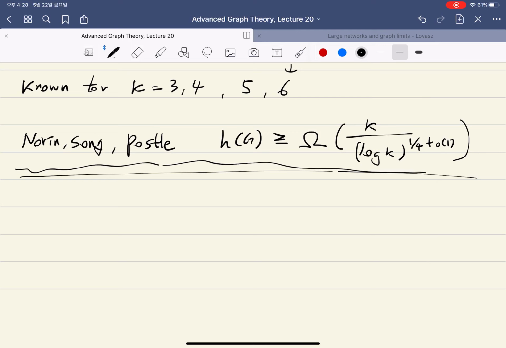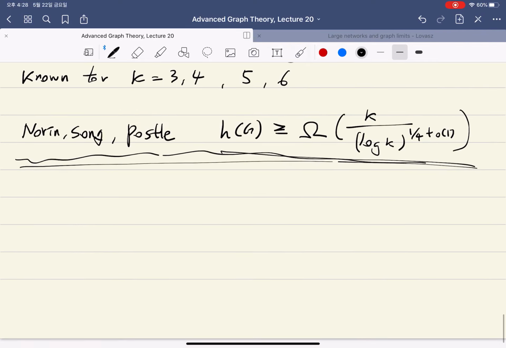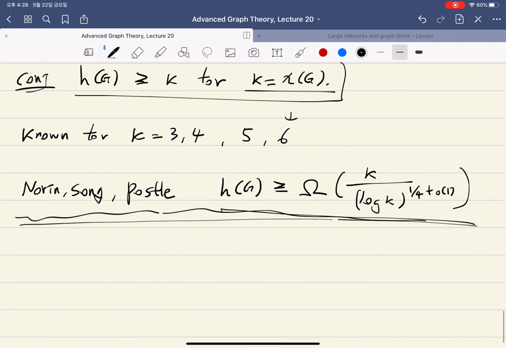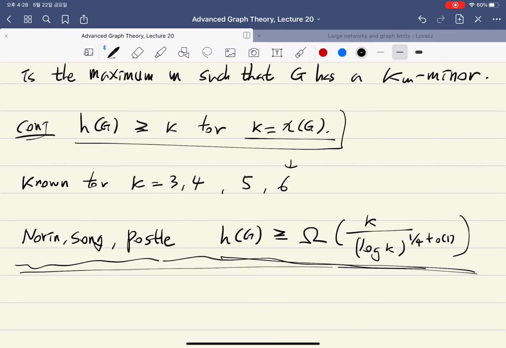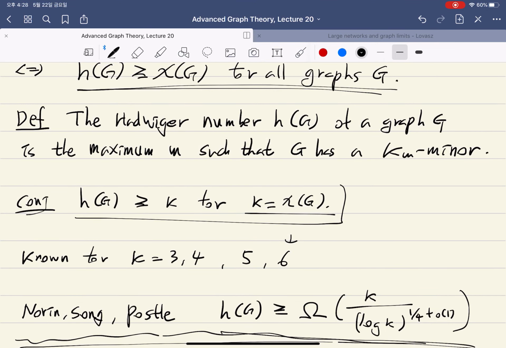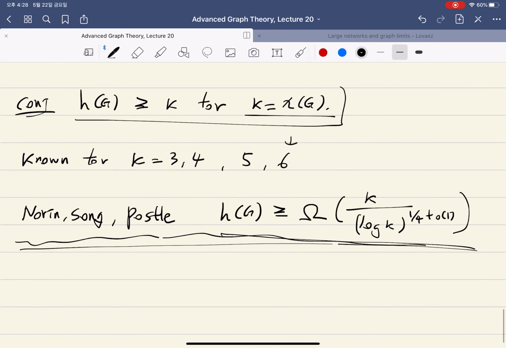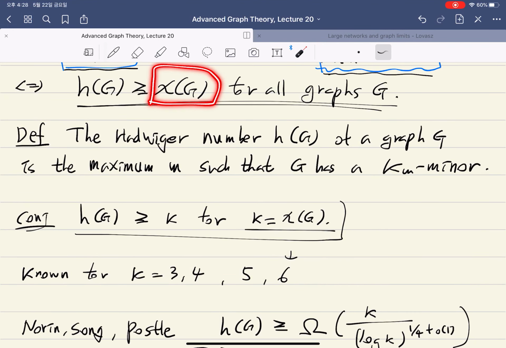So what we will prove today is Kostochka and Thomason's weak bound, which is weaker than this. One way of attacking this is, when the Hadwiger number is fixed, we want to upper bound the chromatic number somehow.